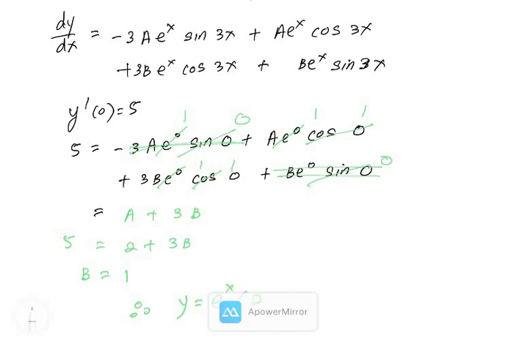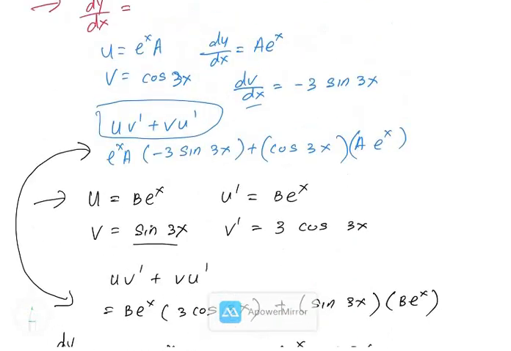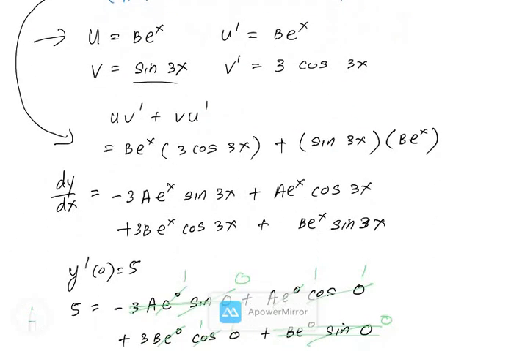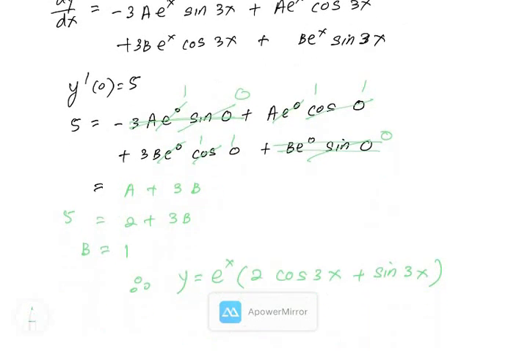You copy back the equation, then you substitute the values of a and b, in which a is 2 and b is 1. Okay, that's all.